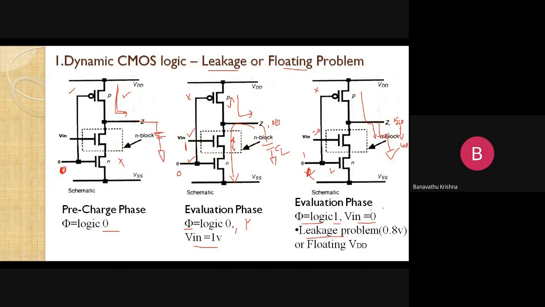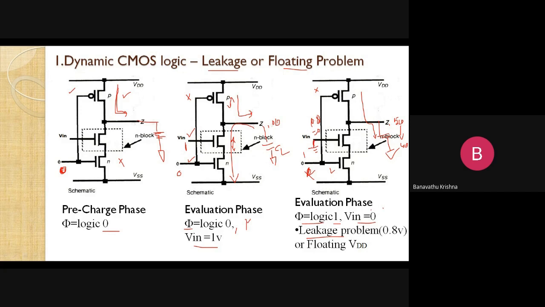How does this leakage problem occur across this particular device? Because V input is logic 0, we are simply connecting this input to ground. There is some leakage, and some amount of voltage is dropped here, about 0.8 volts, because this gate is shorted to the ground.